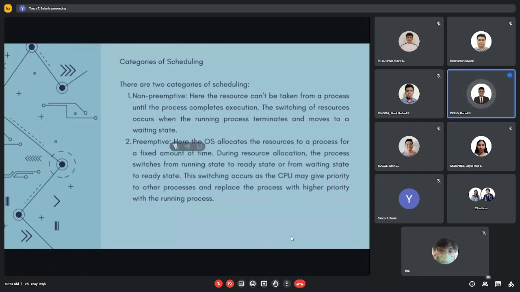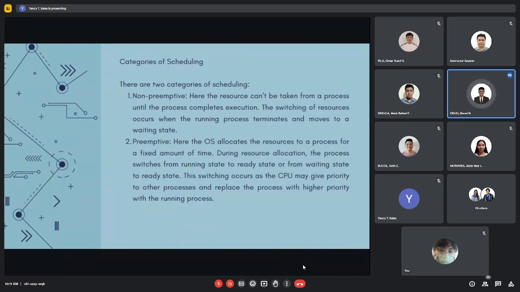So here we have the categories of scheduling. There are two categories of scheduling. First is the non-preemptive and the preemptive. Non-preemptive means here the resource cannot be taken from a process until the process completes its execution. The switching of resources occurs when the running process terminates and moves to a waiting state.